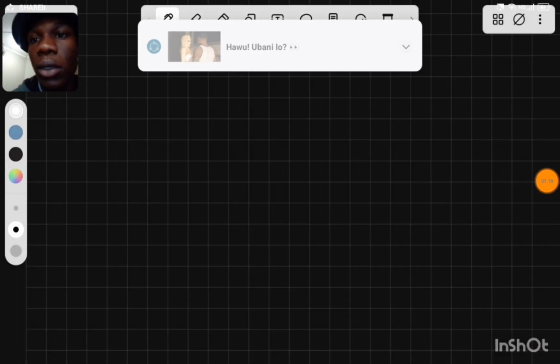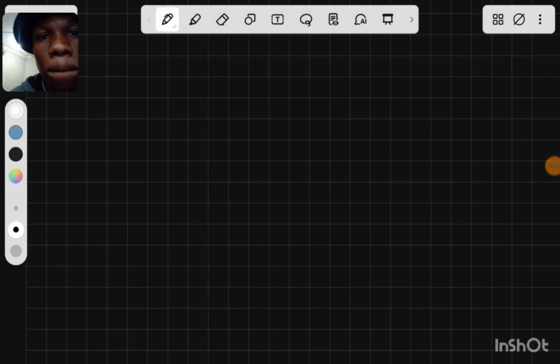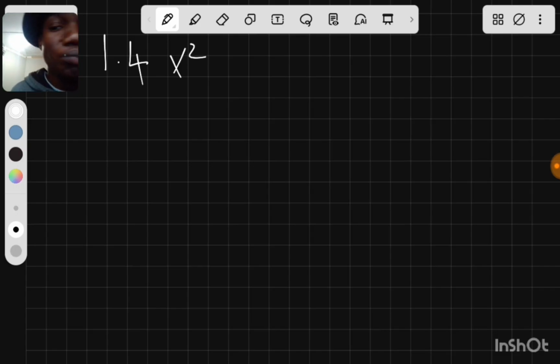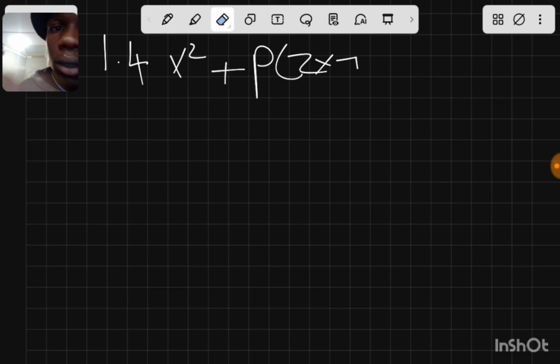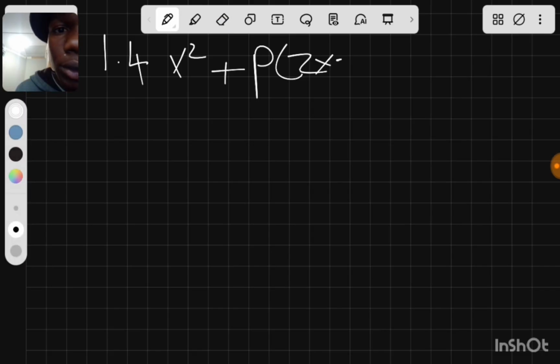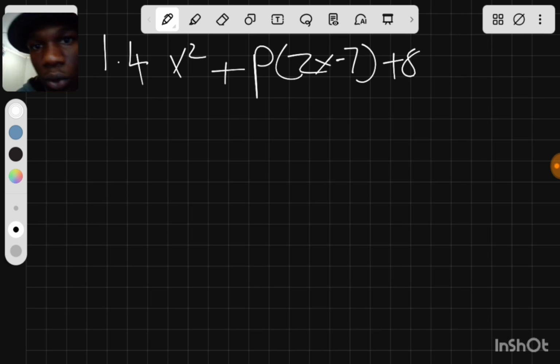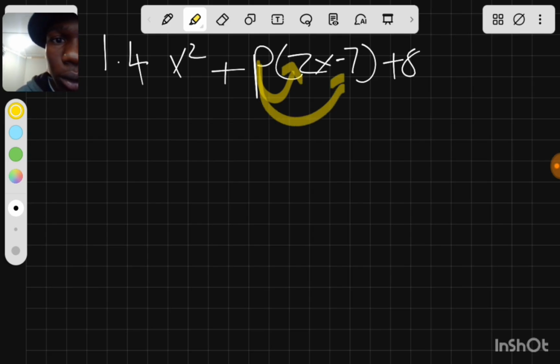So we're going to have 1.4. It says x squared plus p open brackets 2x minus 7 plus 8. So what we're going to do here, take p, multiply the inside. What I'm saying is this comes here and here.